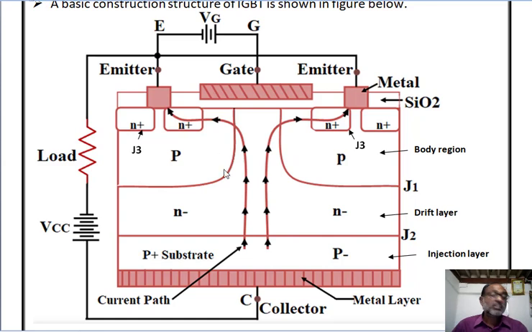When the collector terminal is connected to the positive supply with respect to the emitter terminal, the IGBT is in forward bias.